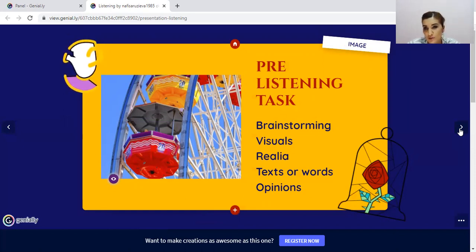Why should we use them? Because we should get acquainted with the material, and we should help our students to understand and discuss the new topic with each other.